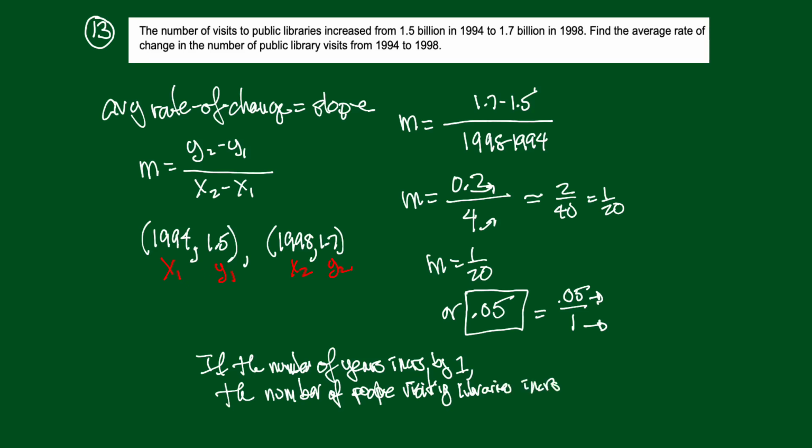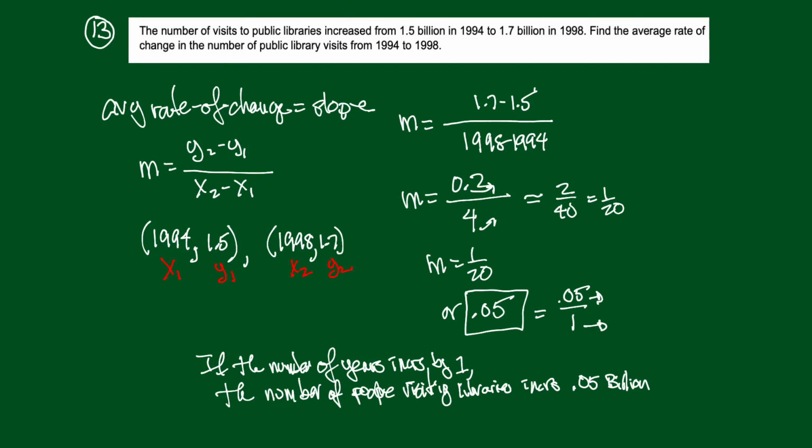Now I'm saying increases because this number is positive, this number is positive. Increases by how much? 0.05, but it's in billions, by 0.05 billion. Right, so every year we're getting 1/20th of a billion people coming to the libraries.